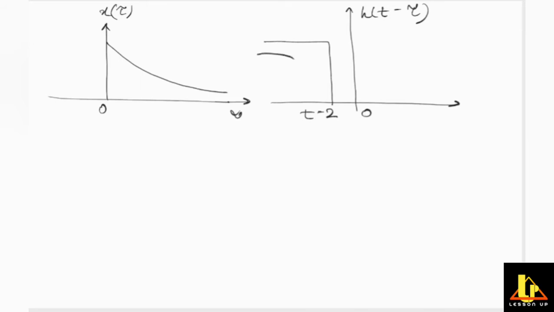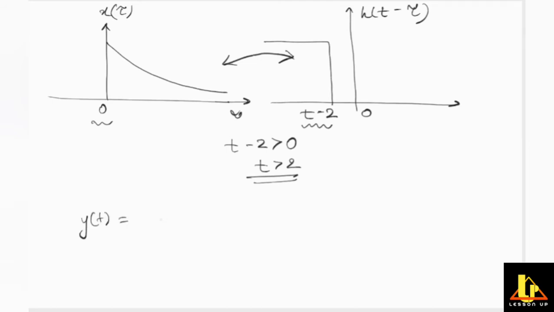So when these two signals overlap, the value of t minus 2 should be greater than 0, then only it is possible. So t should be greater than 2. It means the value of t will be 3, 4, 5, 6, any value, but it should be greater than 2. So this limit will get changed.